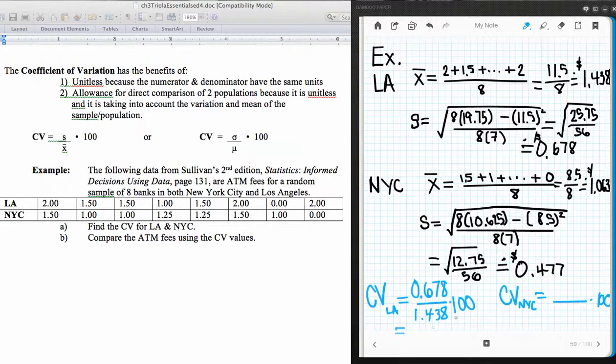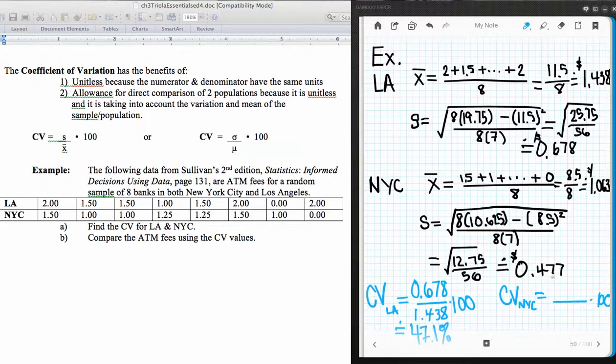So if I take 0.678 and divide it by 1.438, I will get 47.1% approximately, and I only need to the nearest tenth of a percent. That's the typical rounding place for percentages.